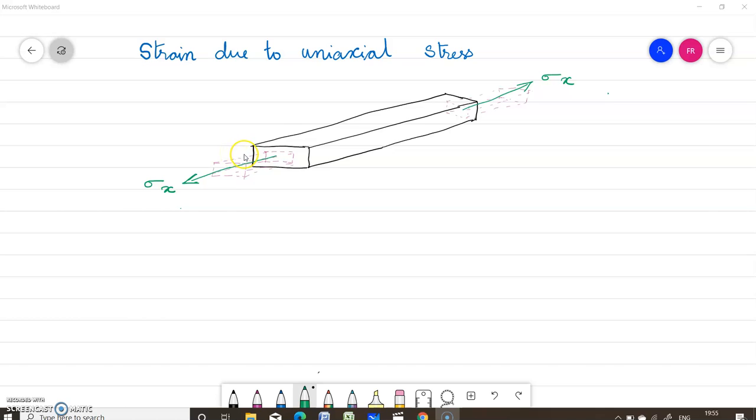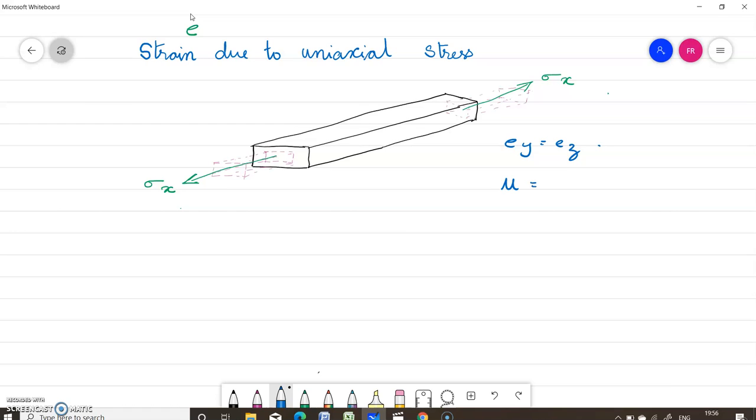That is, the strain has the same value for the transverse direction. So you can write epsilon Ey. So as a result, we can write that the strain in the y direction will be equal to the strain in the z direction. So what is Poisson's ratio?